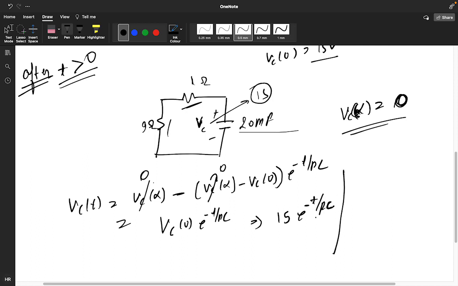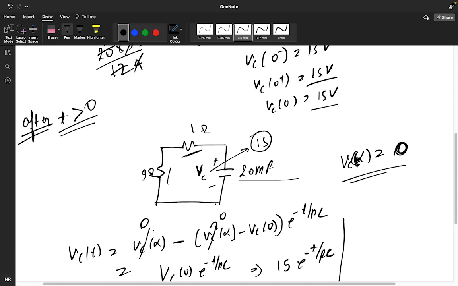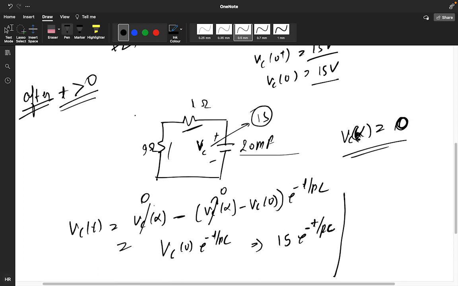But you don't know the value of R and C. C value you know, but you don't know the value of R. R value, we have to always see after t greater than 0. So after t greater than 0, the circuit is looking like this. This is my capacitor, so we need to open it, and we have to see from this point.